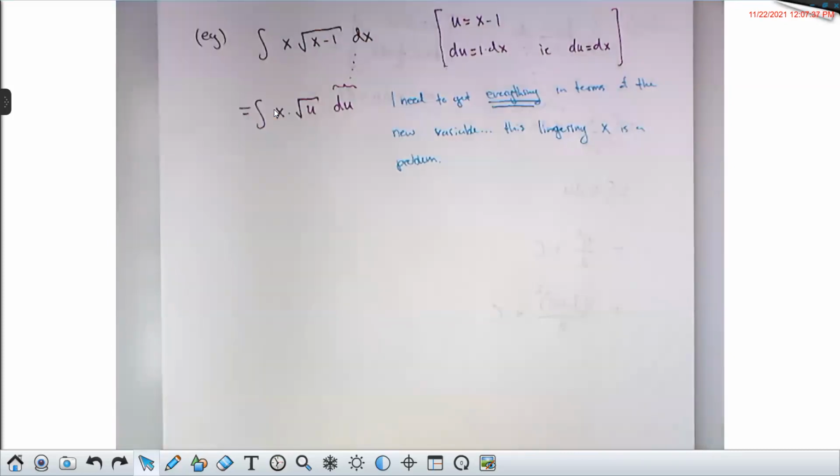But it is a problem I can fix. Is there any way I could possibly rewrite this x in terms of the new variable u? u plus 1. Yeah, very good.